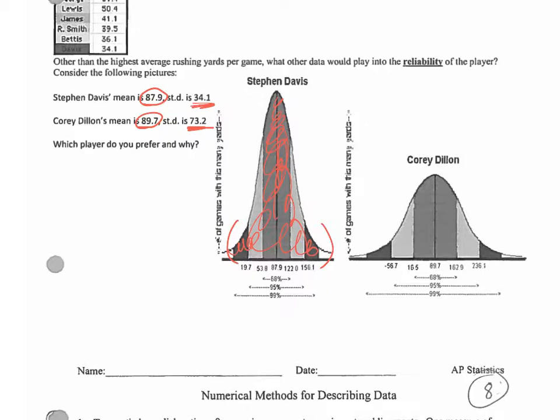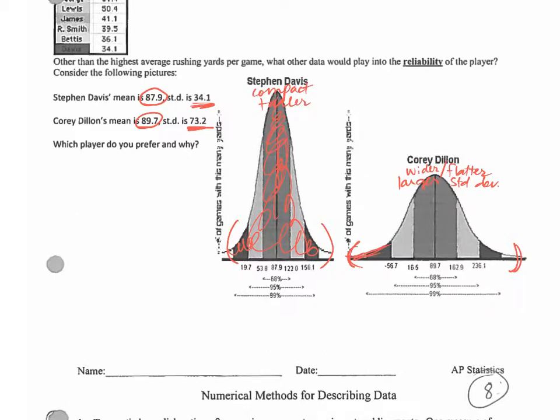And you see Corey Dillon's, it's the same amount of data, but it's more spread out. So that's why it is wider and flatter, and it has a larger standard deviation. And this one is more compact, so it has to be all squished in there. That's why it is taller. More data is squished in there, more closely clustered together.